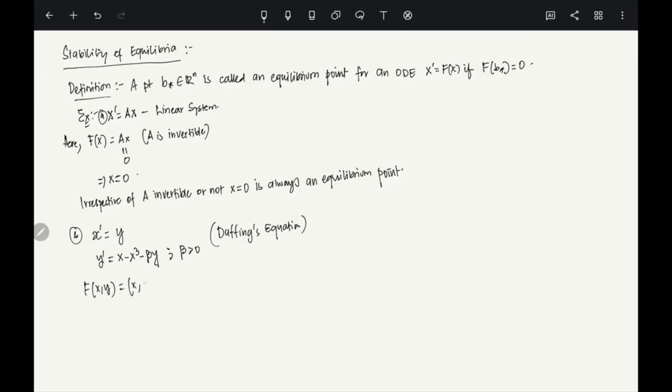It is y for the first component and x minus x cubed minus beta y for the second. Of course y has to be 0, so for any equilibrium point, we have x minus x cubed equal to 0. Essentially this has equilibrium points at (0, 0) and also (plus minus 1, 0). So there are three equilibrium points for this system. That's the idea.